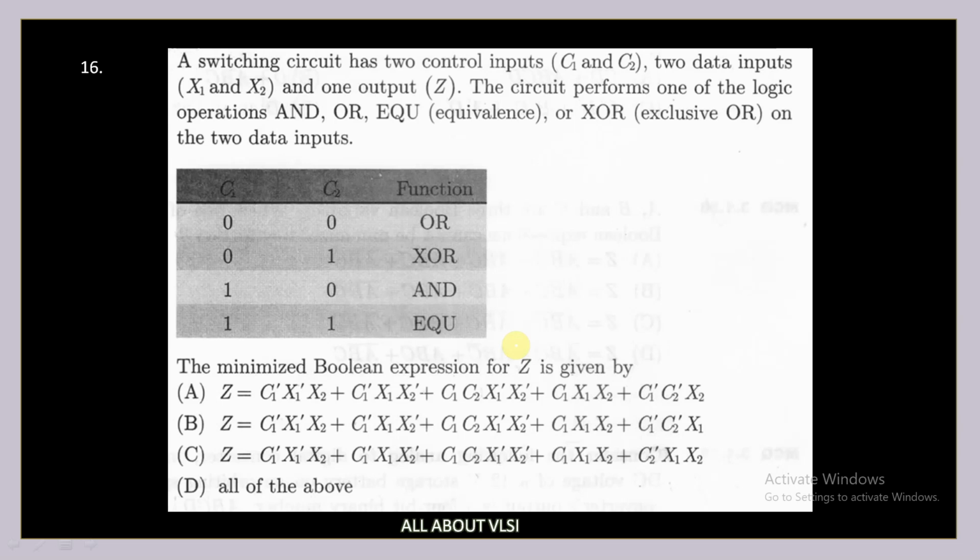Yes, try this one. A switching circuit has two control inputs C1 and C2, two data inputs X1 and X2, and one output Z. The circuit performs one of the logic operations AND, OR, equivalence or XOR on the two data inputs. If C1 and C2 are 0 0, then my output is the OR function.